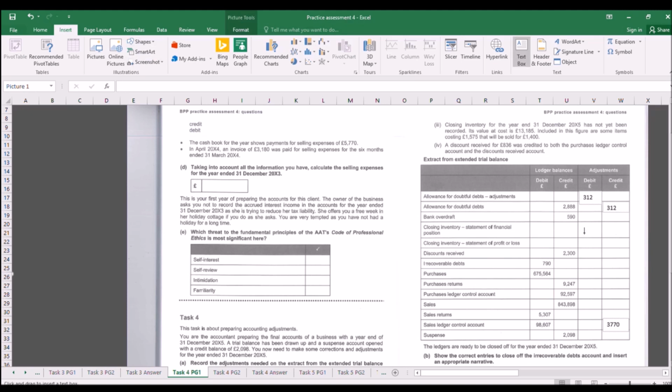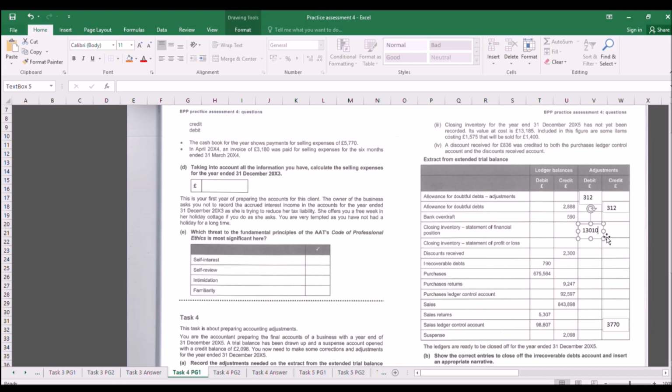So statement of financial position. That's where the asset is going to be 13010, and the same figure is going to go into our statement of profit and loss. Just copy this over, and the same figure is going to come in.